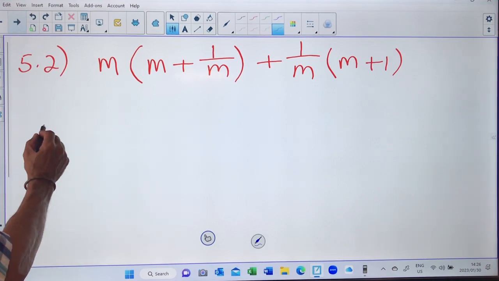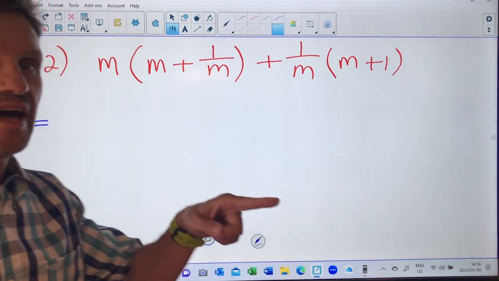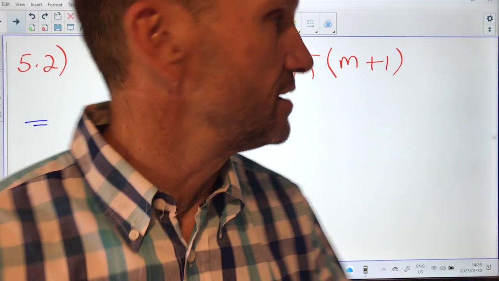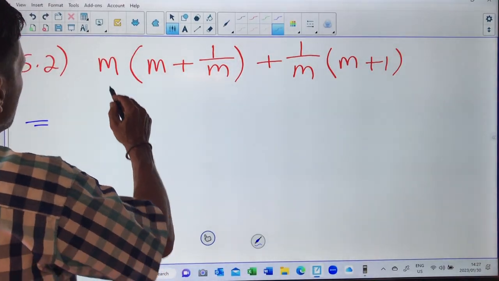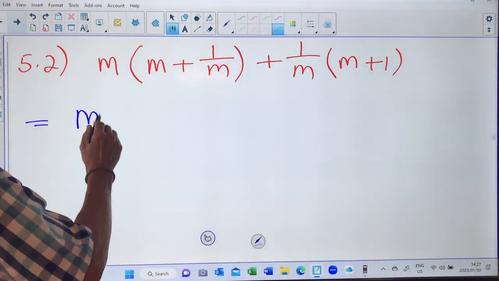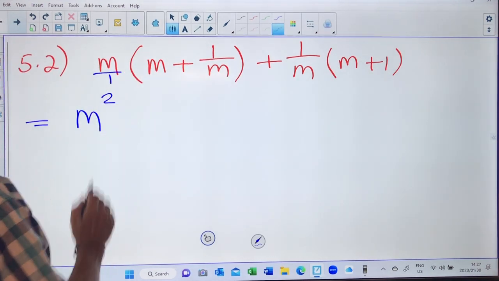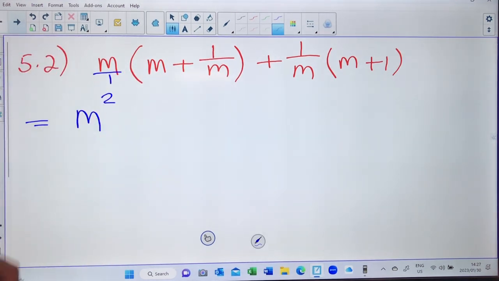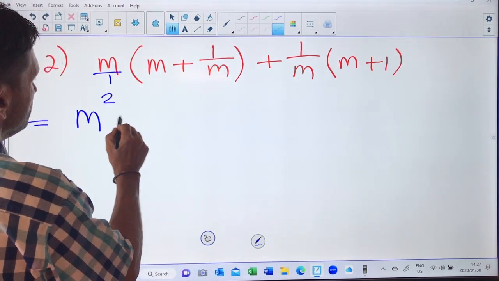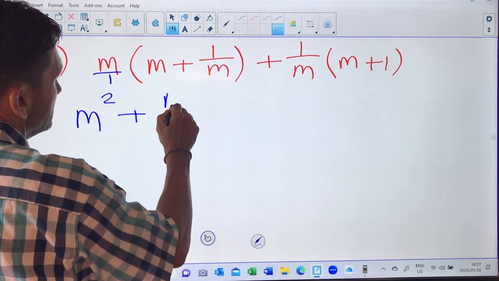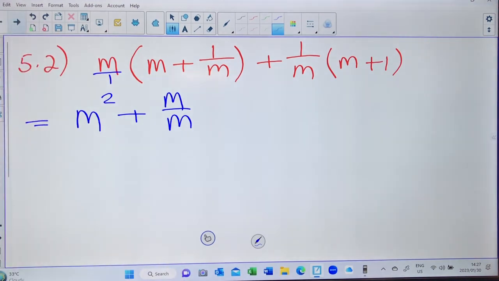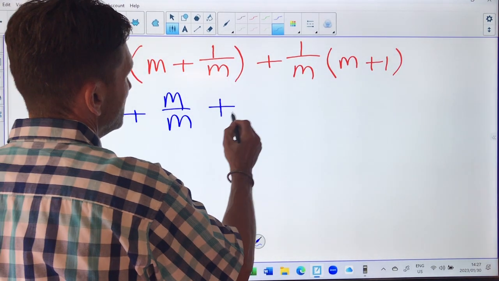Then with this one, I think again the fractions were the issue here, and the fact that you can't use your calculator makes this more difficult. m times m is m squared. Now I'm multiplying m with 1 over m, but keep in mind that we're really multiplying with m over 1. Numerator with numerator, denominator with denominator. So this gives us m over m. Then going across to this one, the same here.